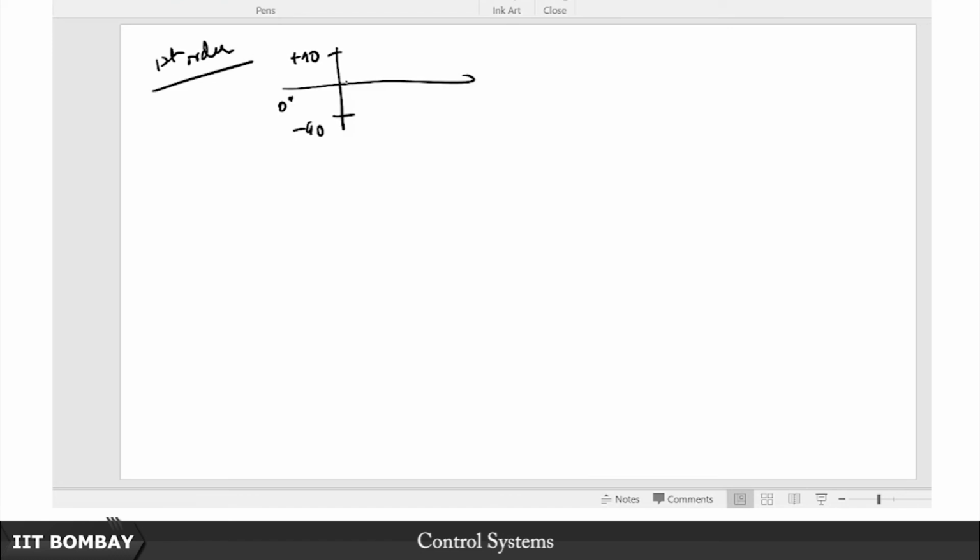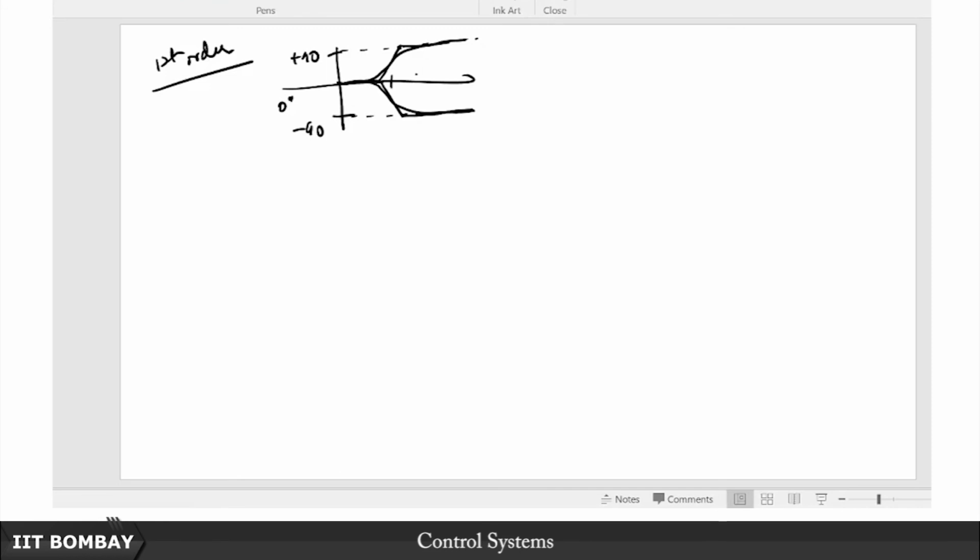For the first order case we saw that at the break frequency it transitions like this. So, you draw this sort of an asymptote and it went like this, or if it were a pole it went like this.